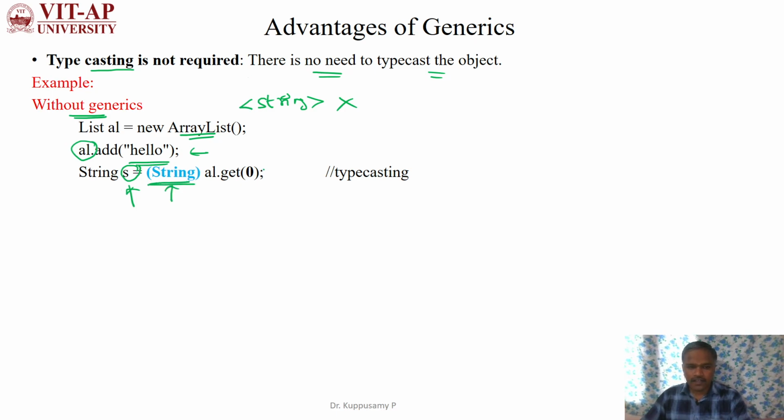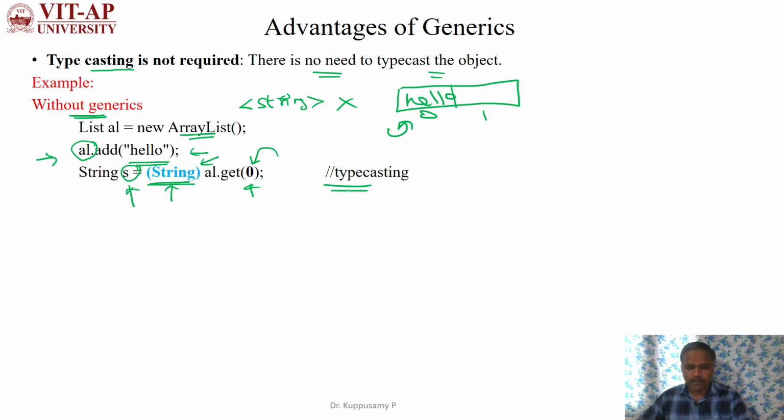Manually I am converting the data stored at the zeroth index. The array list is created like this, with the zeroth index storing the value hello as per our statement. After that I access this element stored at the zeroth index, and after accessing, I convert it into a string. So manually we are performing the conversion, that is called typecasting.